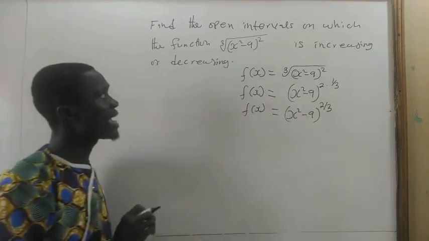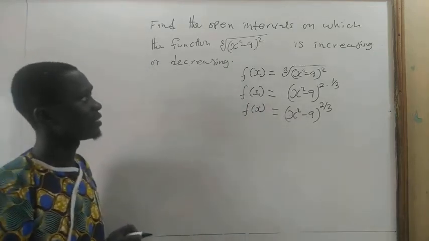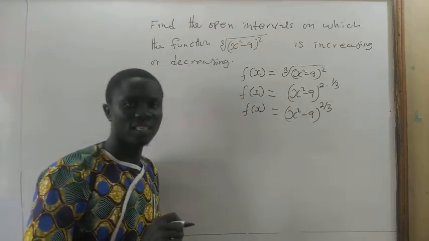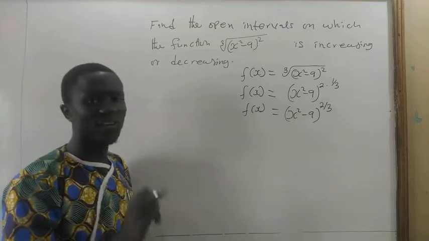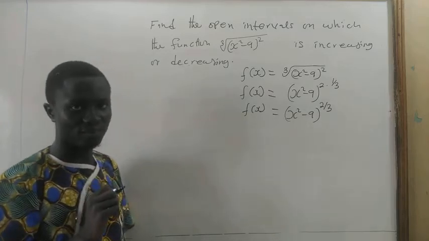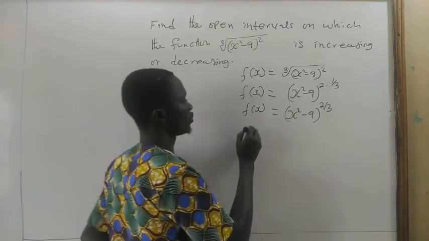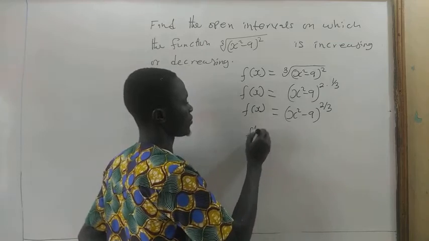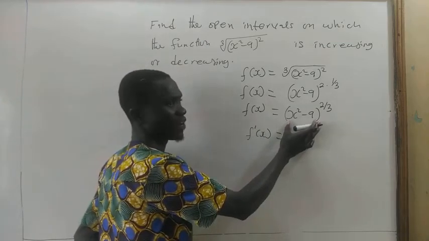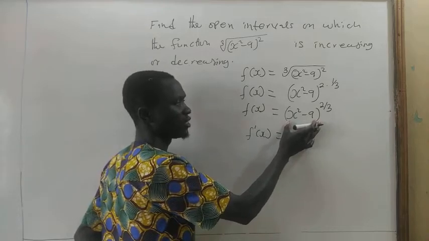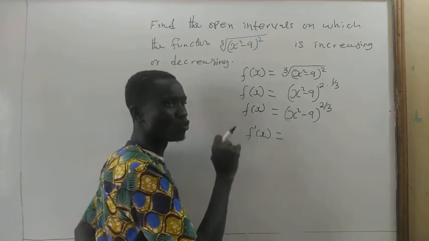Now, to find the intervals on which a function increases or decreases, first you have to find the first derivative of the function. So here you take f prime of x to be equal to, and since this is a function of a function, or a composite function, we are going to use the chain rule.